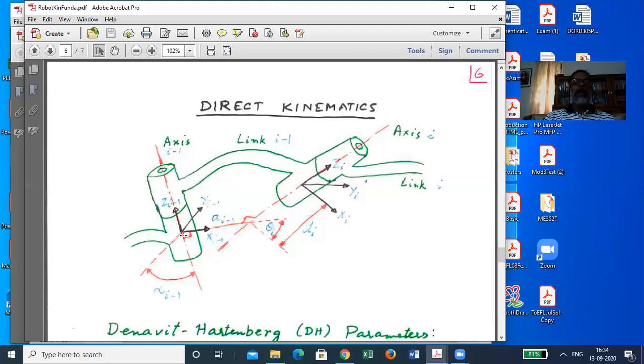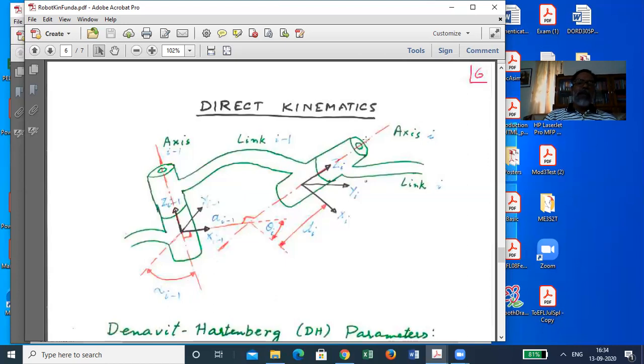So what you need to do? For that, between this z-axis and this z-axis, you can work out the angle.